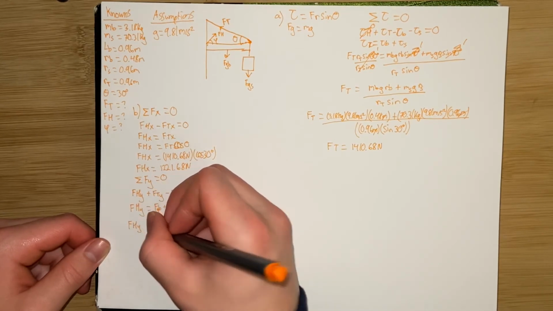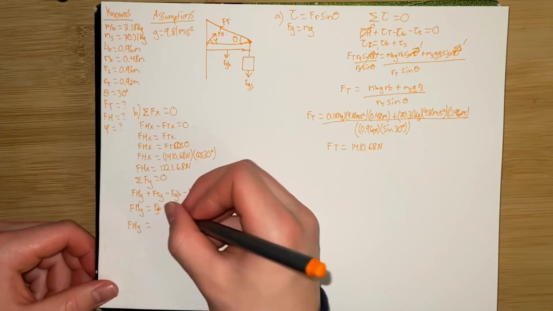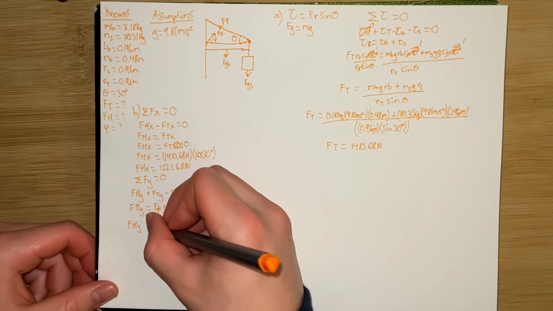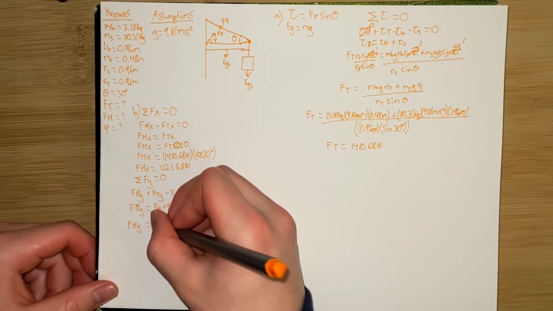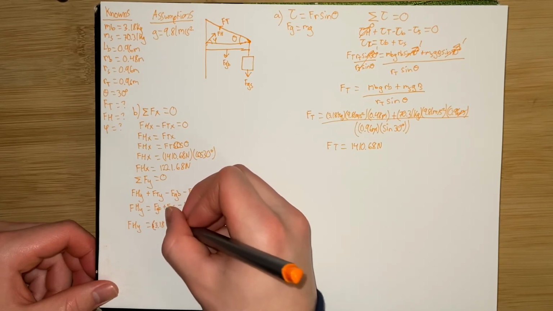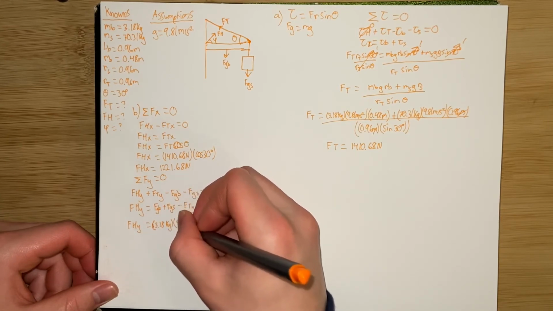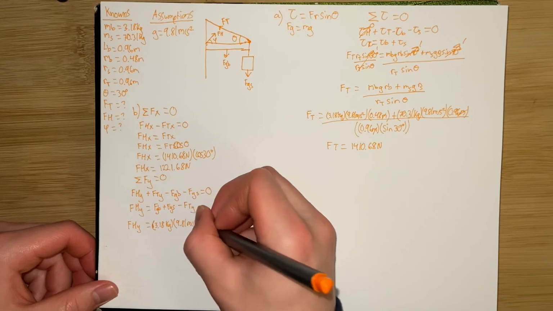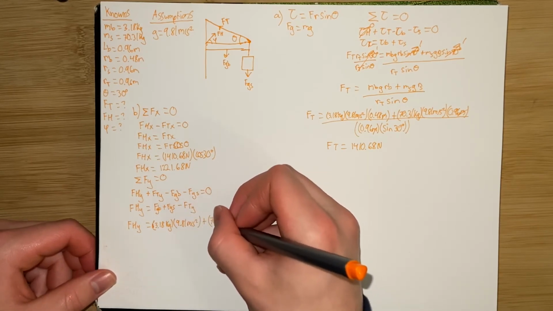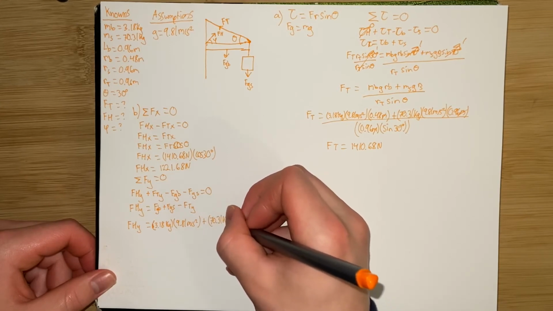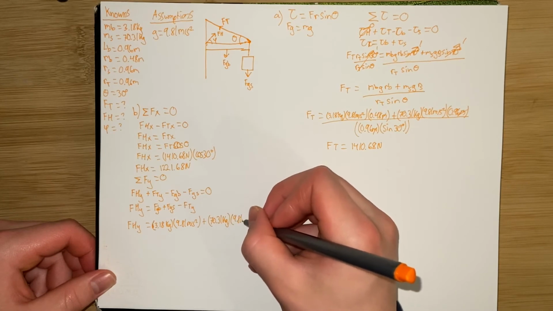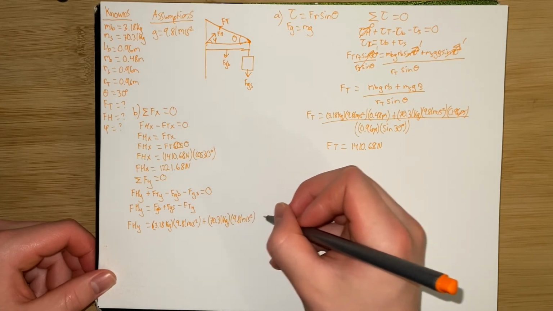FHY is going to be equal to, now remember FG equals mg, so you're going to have 3.18 kilograms multiplied by 9.81 meters per second squared plus 70.31 kilograms multiplied by 9.81 meters per second squared.